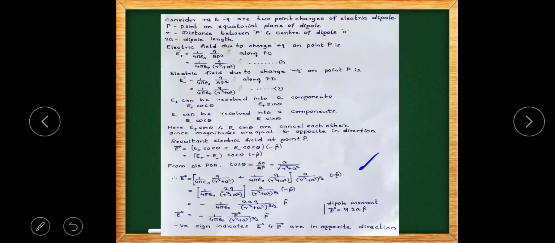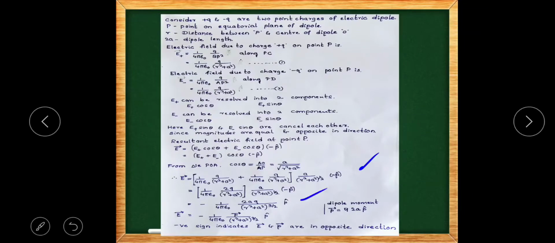Now there are similar terms, that is, q by R square plus a square. On adding these two terms, we get 1 by 4 pi epsilon naught into 2q divided by R square plus a square into a divided by R square plus a square raised to 1 by 2, into minus p cap.